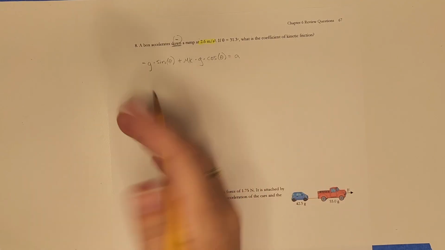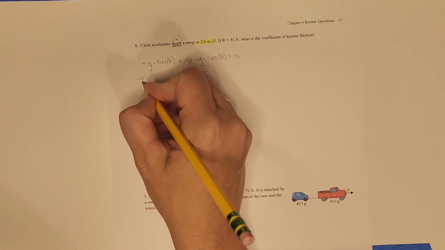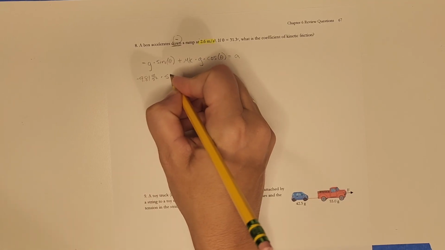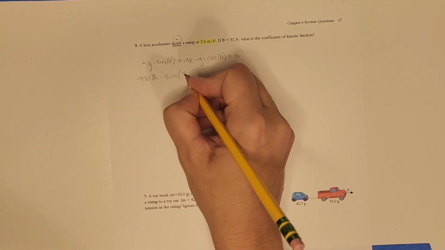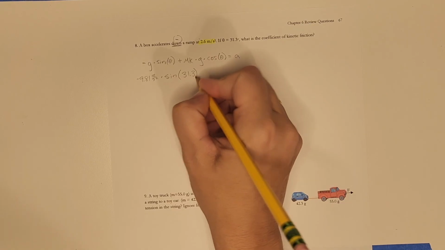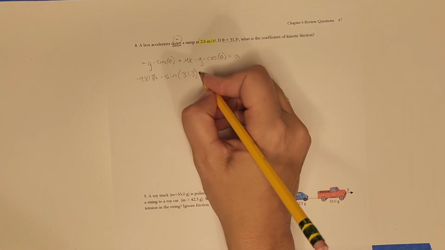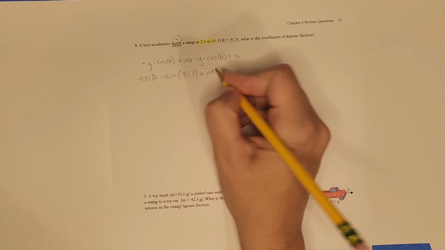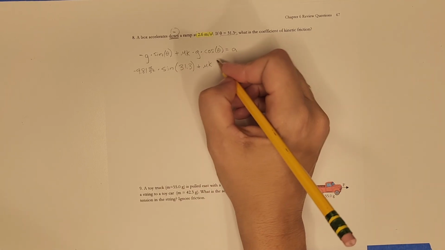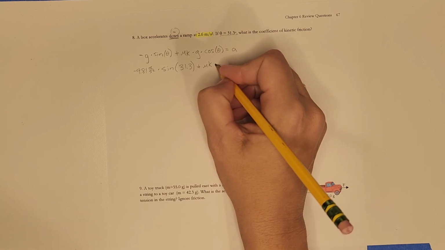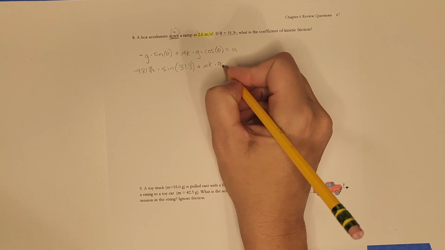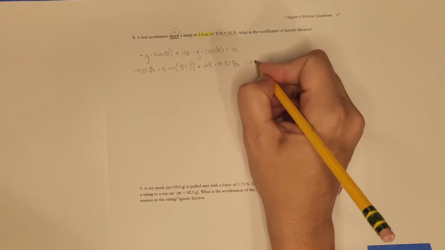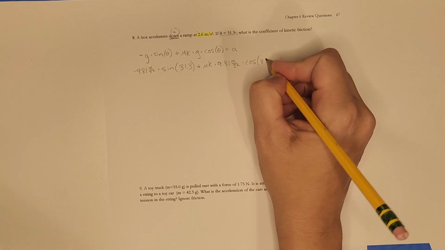So now let's plug in what we know. Negative 9.81 meters per second squared times the sine of 31.3 that we were given, plus kinetic coefficient of friction is unknown, times 9.81 meters per second squared times the cosine of 31.3.